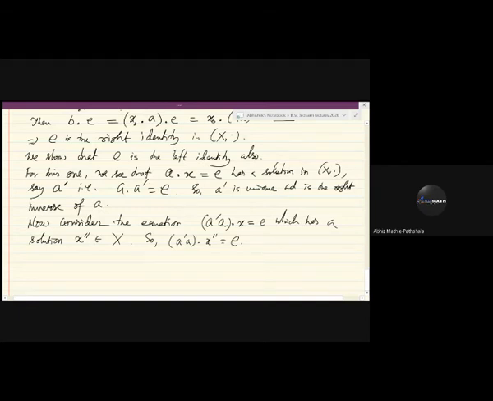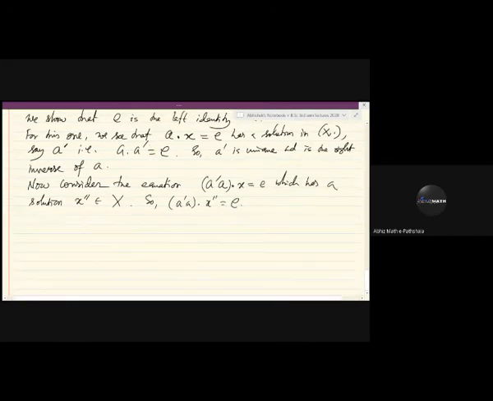Okay, so this implies e equal to a dashed a dot x double dashed, right? Now we will see that this a dashed a is actually a dashed a dashed a. Why?